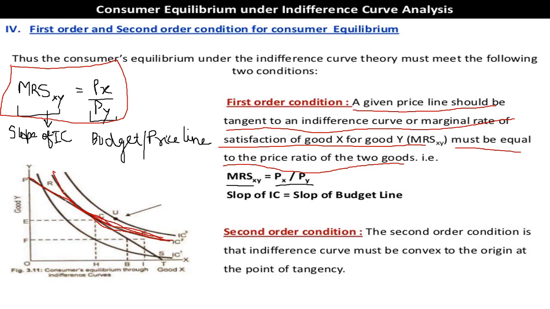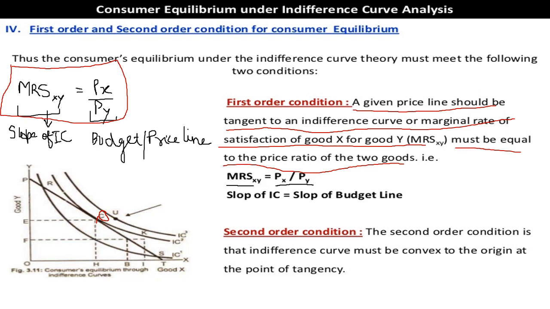It is not crossing the indifference curve, it is touching the indifference curve. So this point C shows the point of tangency.